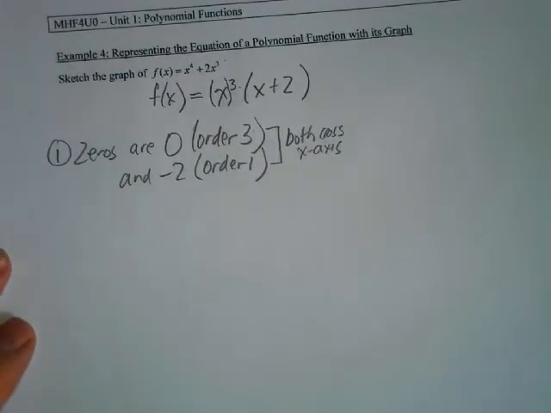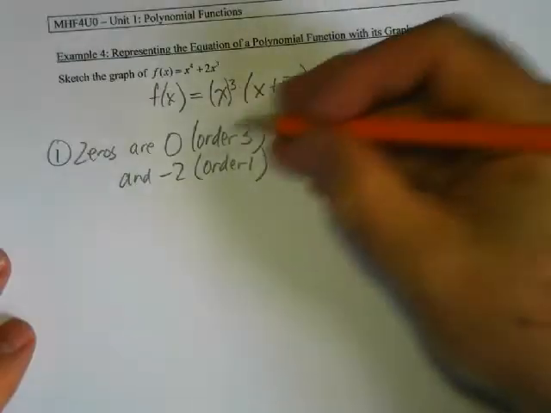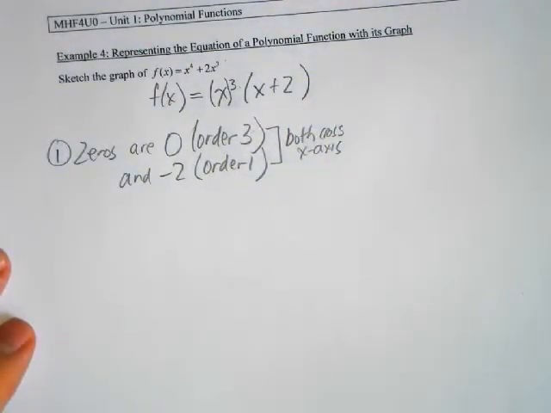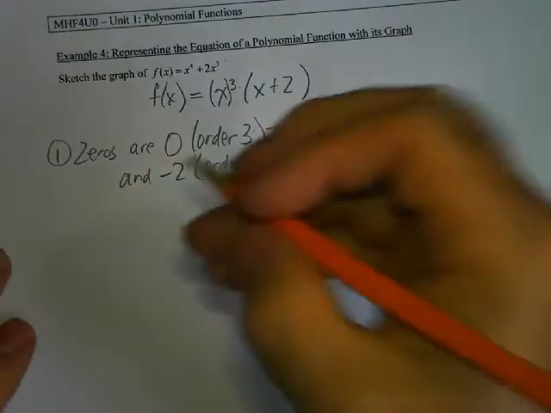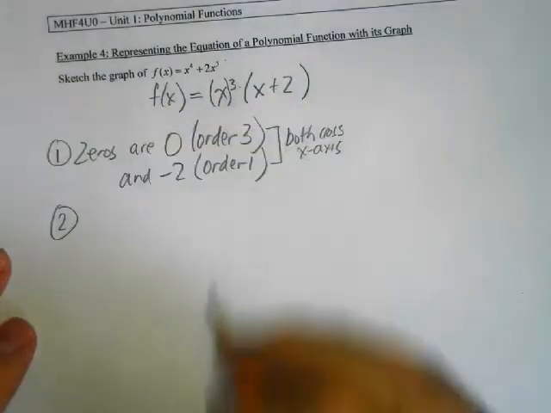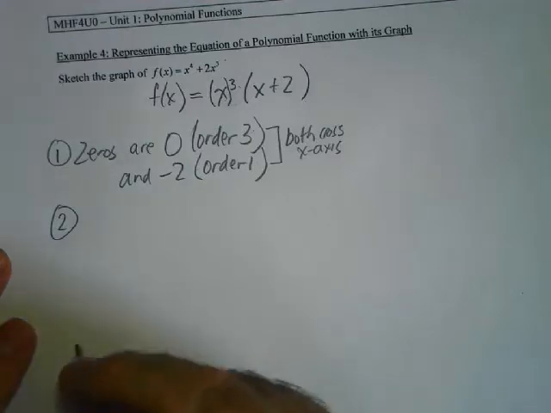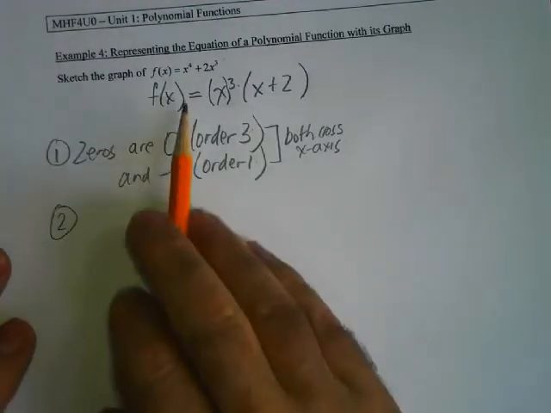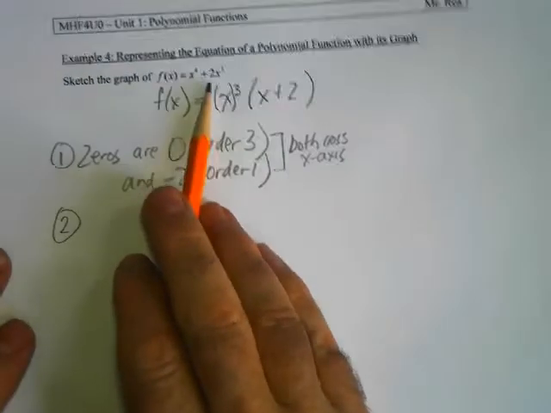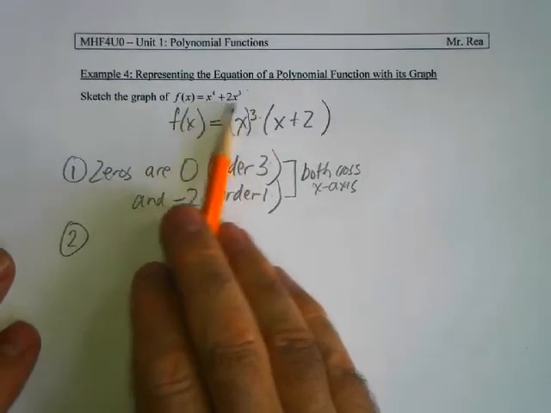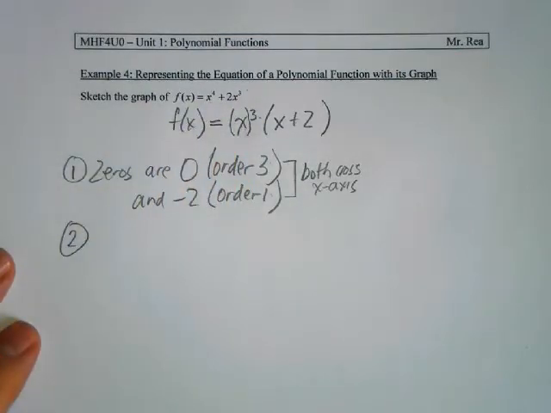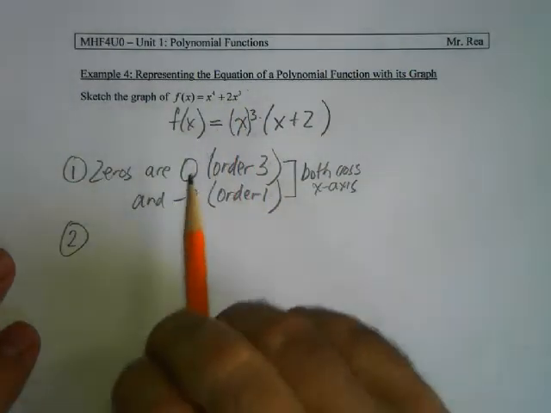Okay, let's look for some more information because that's not going to be enough to sketch it. We're going to need some more information. So let's look at the leading coefficient and the degree, and that's going to give us the end behavior. So when I do that, I'm going to go back to the standard form, or the expanded, you could call it as well, no brackets.